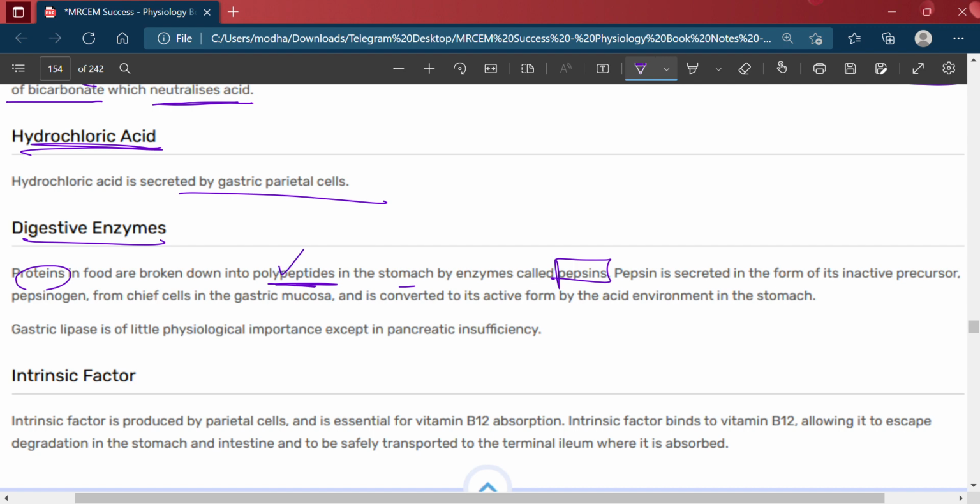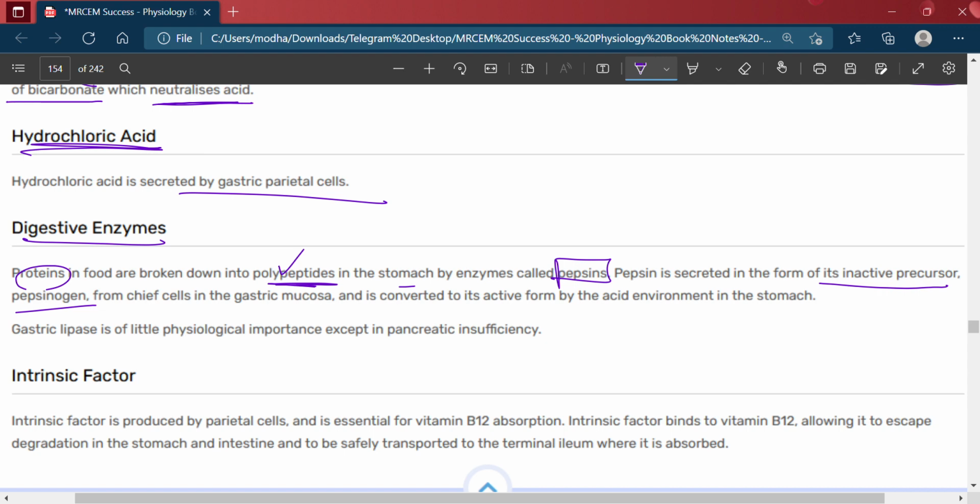Pepsin is secreted in the form of its inactive precursor, pepsinogen, from the chief cells in the gastric mucosa.